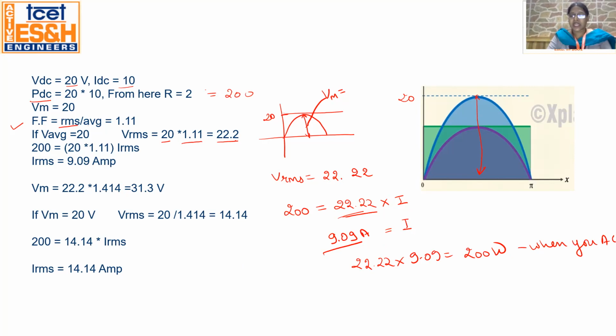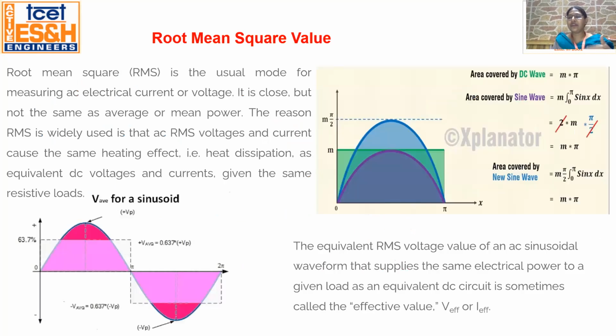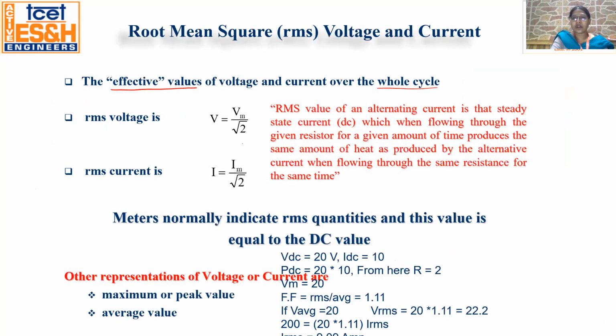So in case of DC and in case of AC, there are different values to obtain the actual amount of heat for the same amount of time when flowing through the same resistance. And in AC, the value of current and voltage which gives the same amount of heat to the particular load for the same amount of time is nothing but the RMS value.